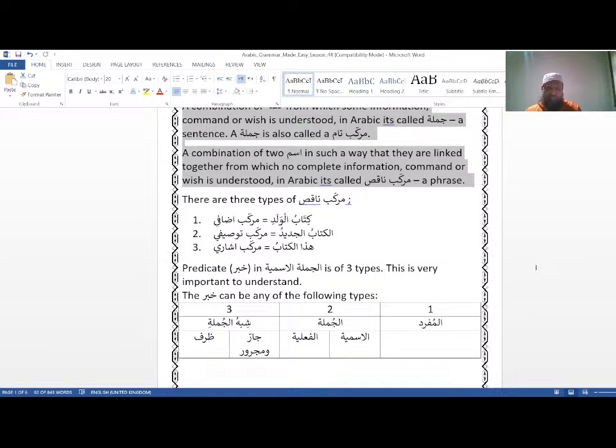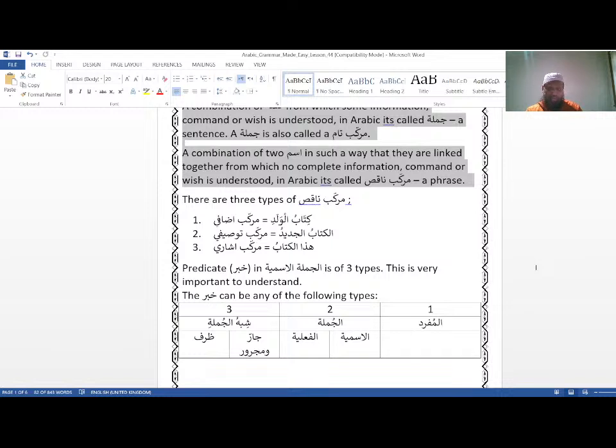It's not derived from fail. Those words are already made to give us meaning of place and meaning of time. We have a list of those nouns. Inshallah, in the coming lessons, we'll learn them.